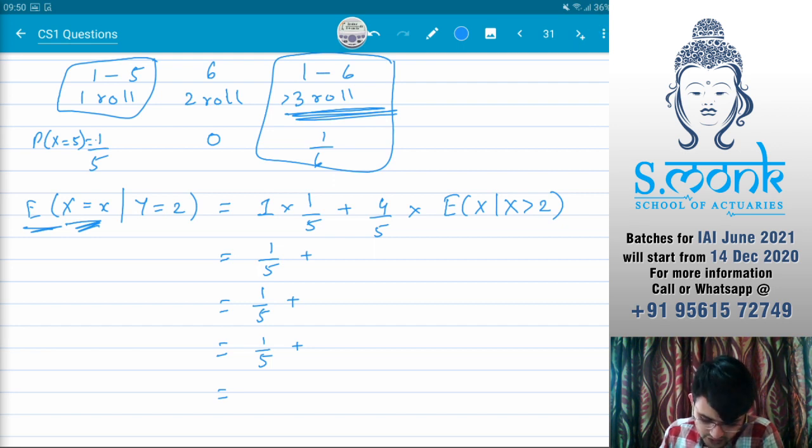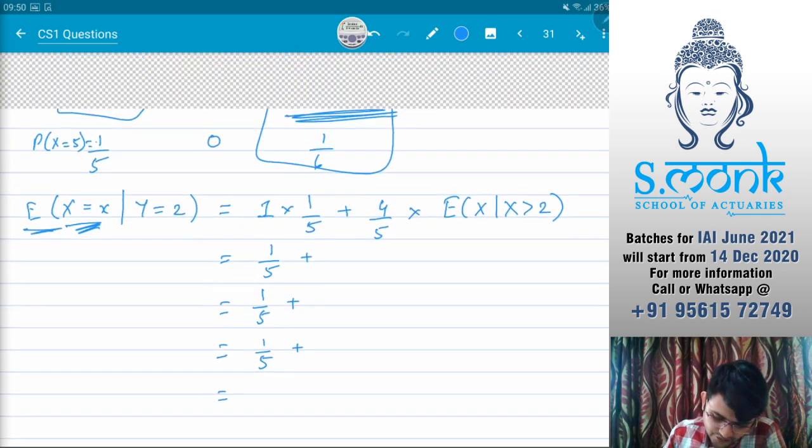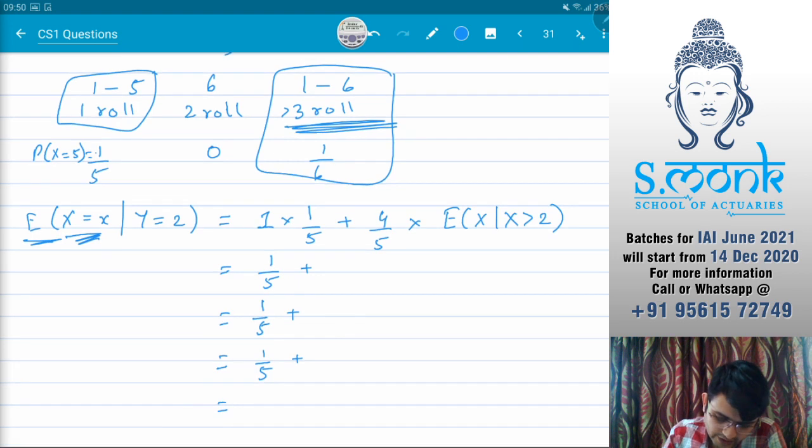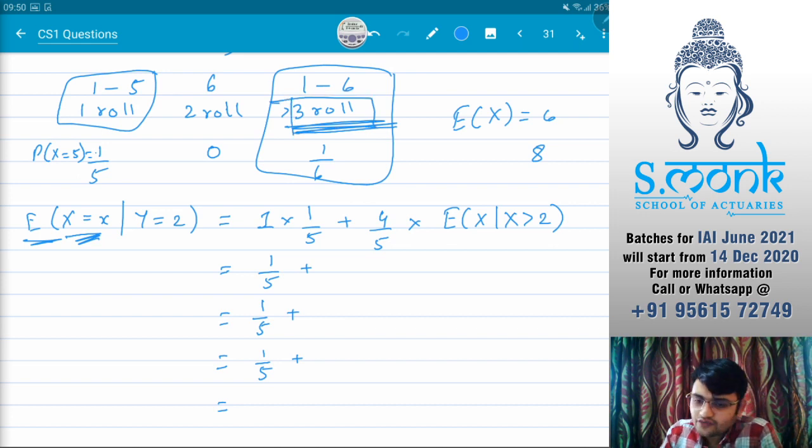Because it is a geometric distribution where we have the memoryless property, the expected value will just shift by 2. So the expected value of x is actually 6, and because it is shifting by 2, it becomes 8, just like our value is starting from 3 instead of 1.